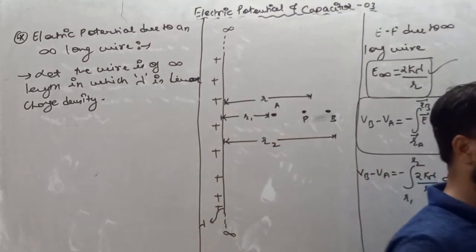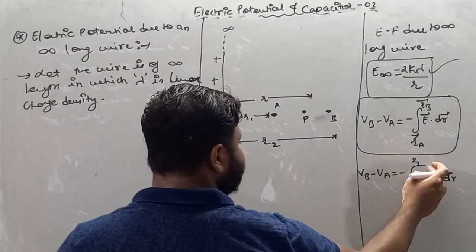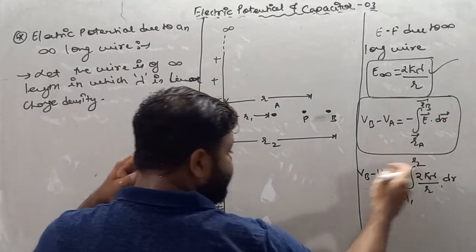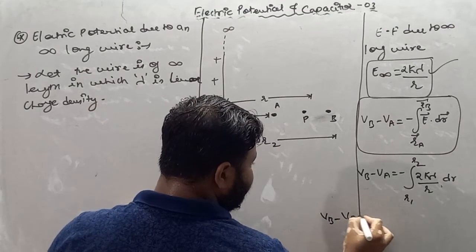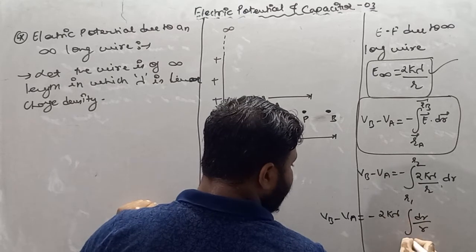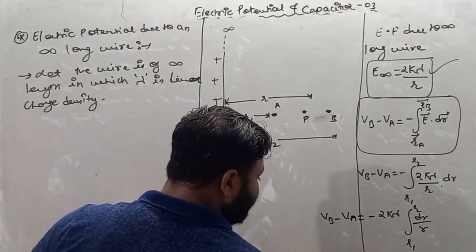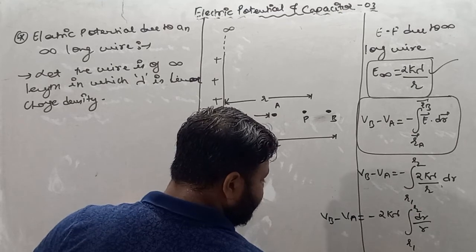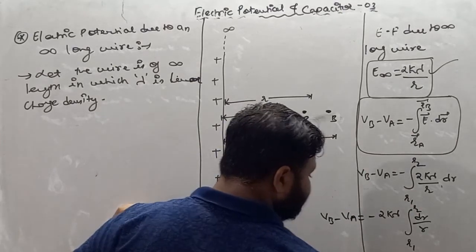Now my dear student, we have to integrate this. We are all aware that 2 is constant, K is constant, lambda is constant, so they come outside. So VB minus VA is equal to minus 2K lambda, integral of dr by R from R1 to R2. Now you must understand this integration. Integration of dx by x equals ln x. Remember this thing.